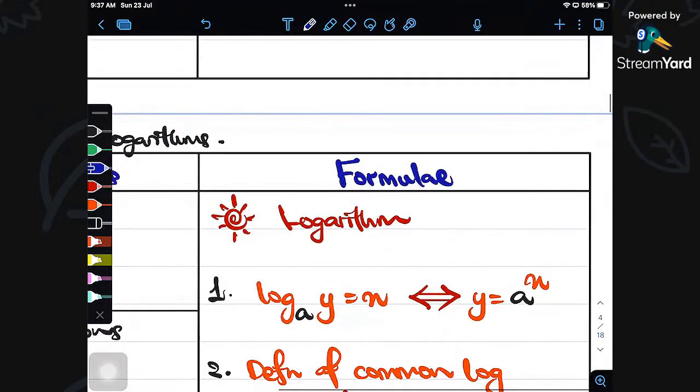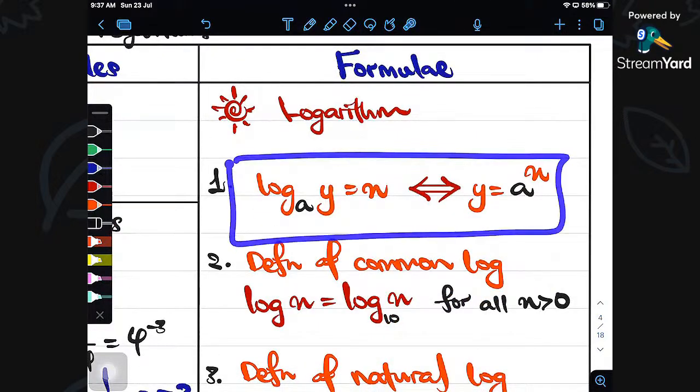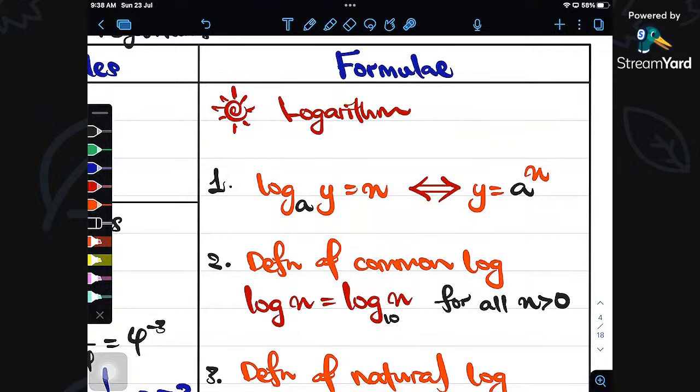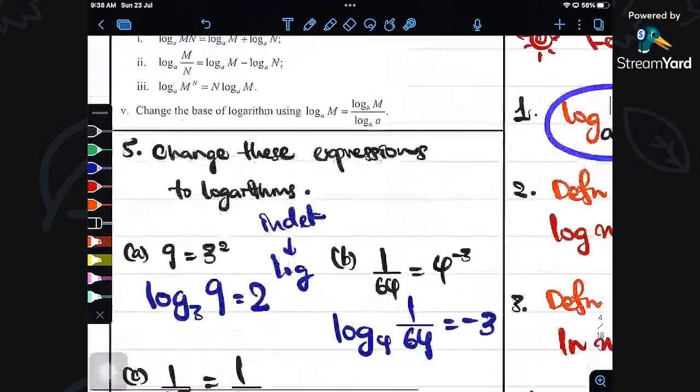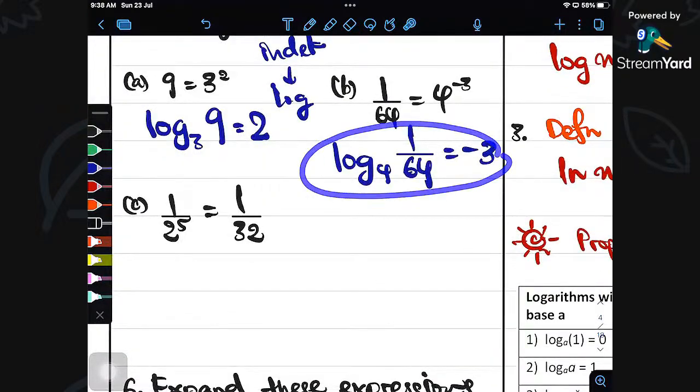What I'm trying to do here is change this from index form into logarithm form. So both of them are equivalent. Make sure you know how to change whenever necessary. When needed, you convert whatever is needed.